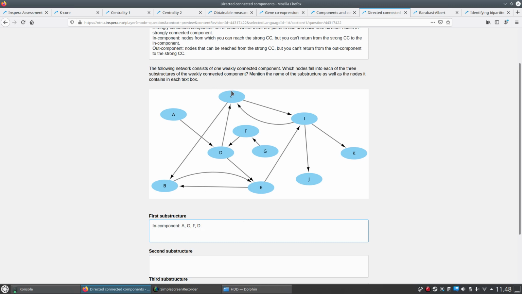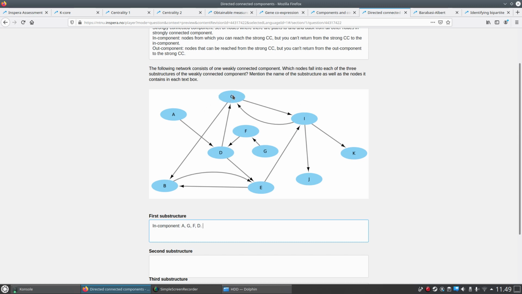Meanwhile, if we look at C here, well, from C you can go to I and back. So C is not in the in component. Obviously, I isn't going to be either because we have a loop here. If you look at B and E, actually C, I, B, and E, we see that you can reach any of these from any of these.